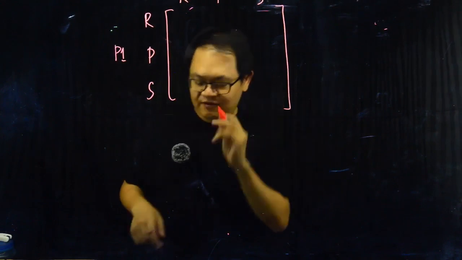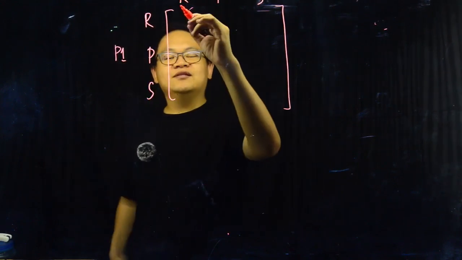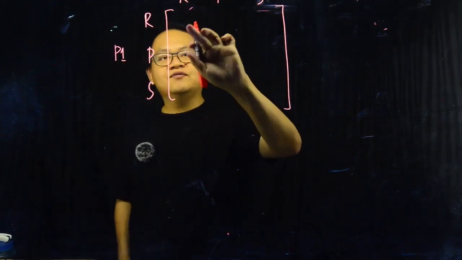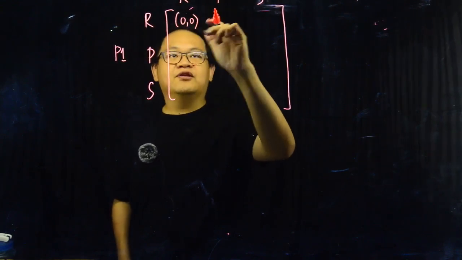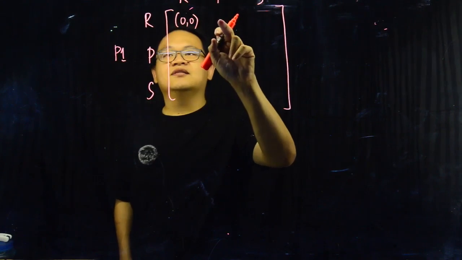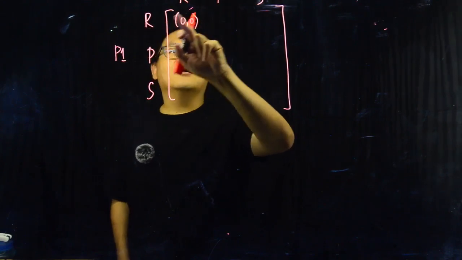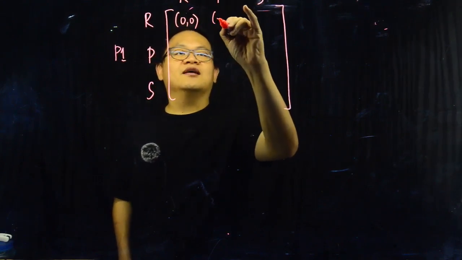Okay? And if you remember, in this first cell, you have 0, 0. Okay? And for this cell, rock loses to paper, therefore this is -1 and 1.